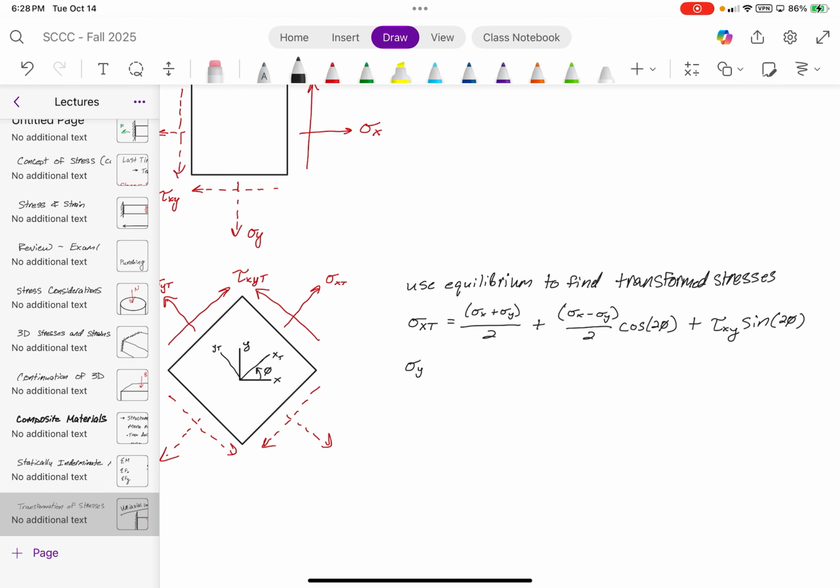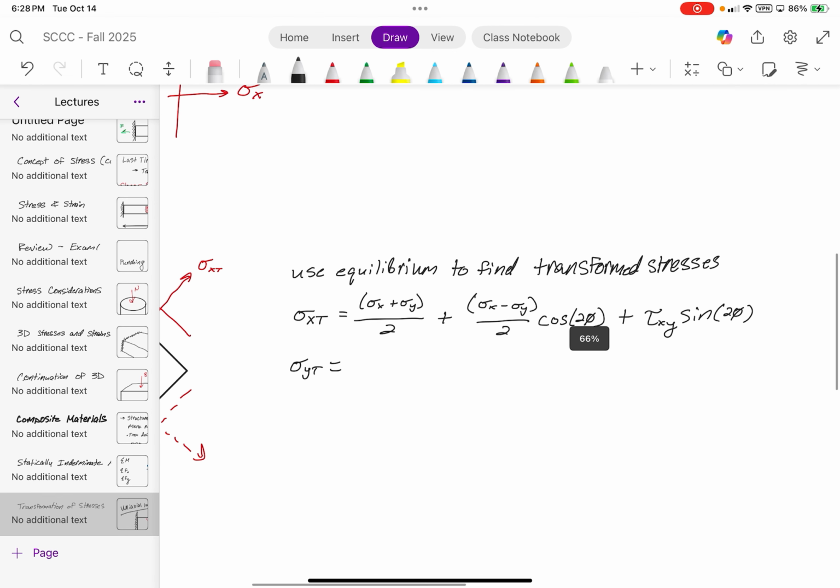Now, for sigma yt, we are going to have basically the same equation, except it's going to have a minus sign instead of those plus signs.